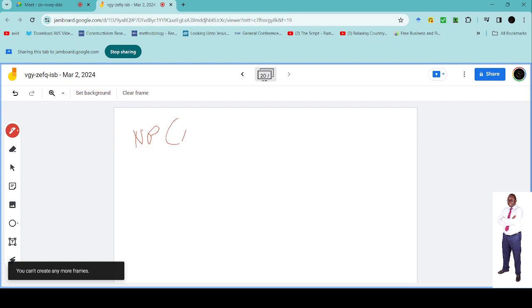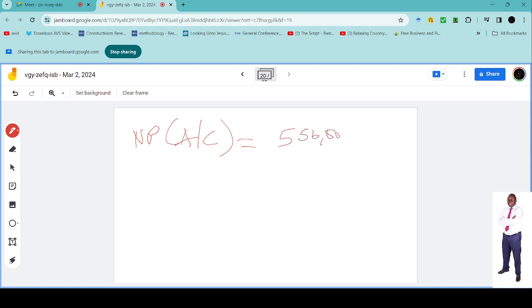So if we are doing our net profit based on absorption costing, our net profit was Kenya shillings 550,000, but our net profit based on marginal costing is 325,000.